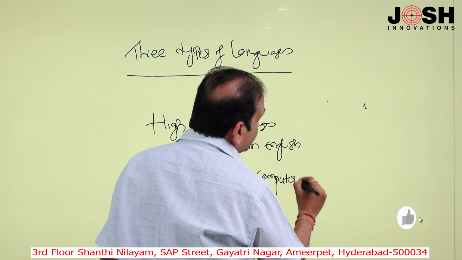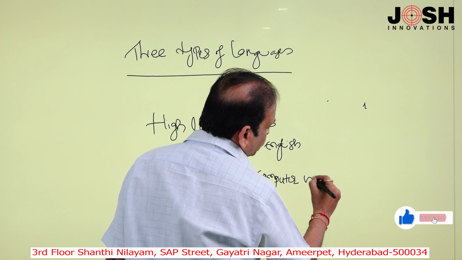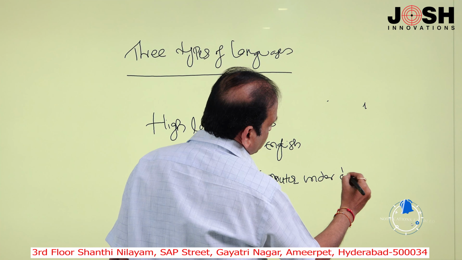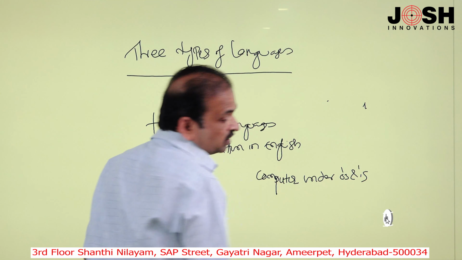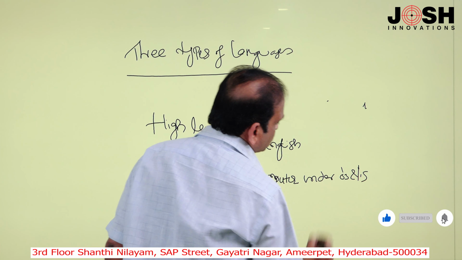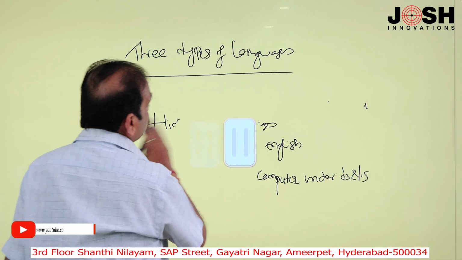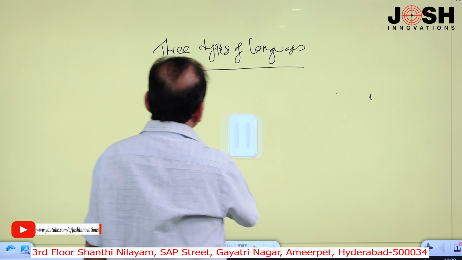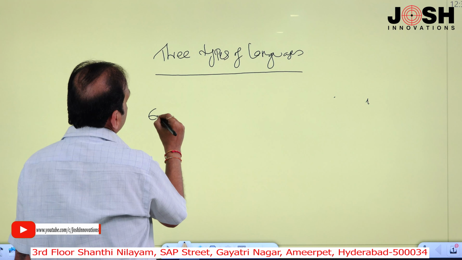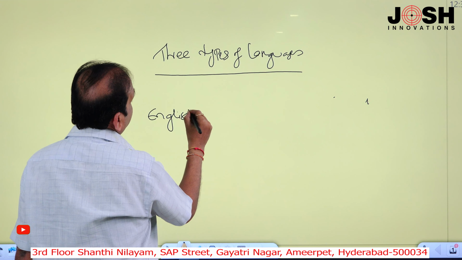A computer understands only two things, zeros and ones. It won't understand English. Then how do we convert this English language to binary language?